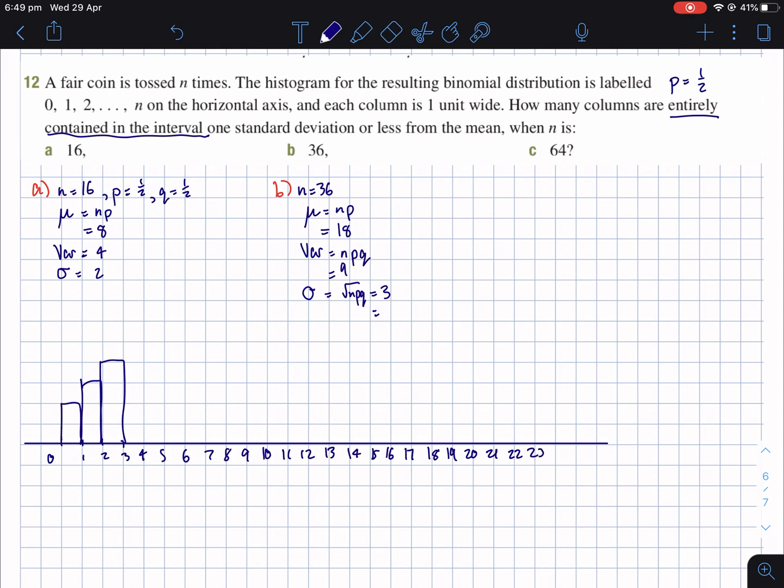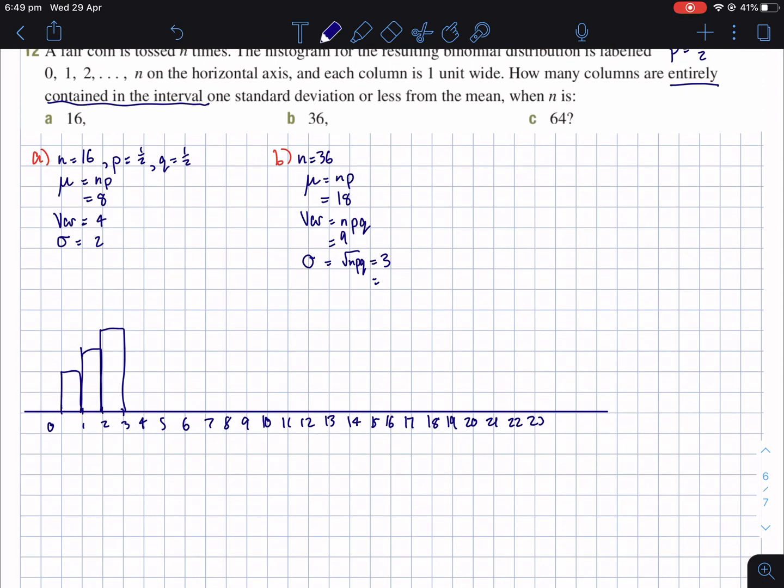Okay. So for example, for A, we've got 7. Like that. So going up to and down to would have taken us to the edges of those ones.